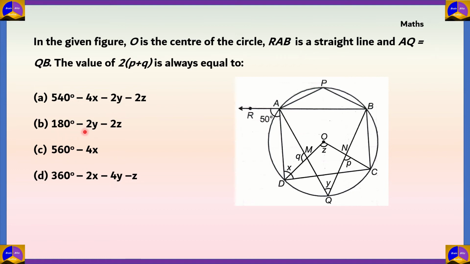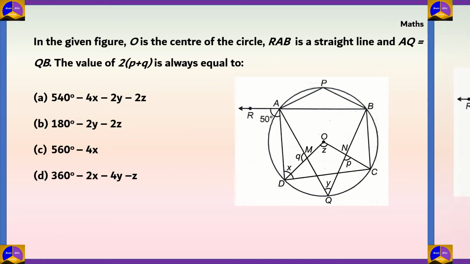B. 180 degrees minus 2y minus 2z. C. 560 degrees minus 4x. D. 360 degrees minus 2x minus 4y minus z. So, let's start solving this question.